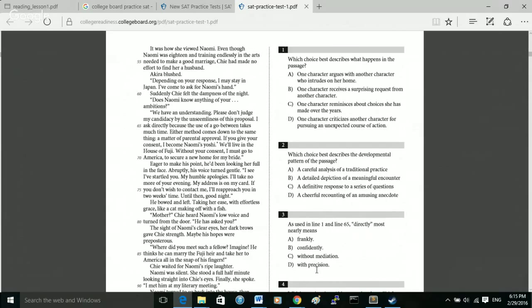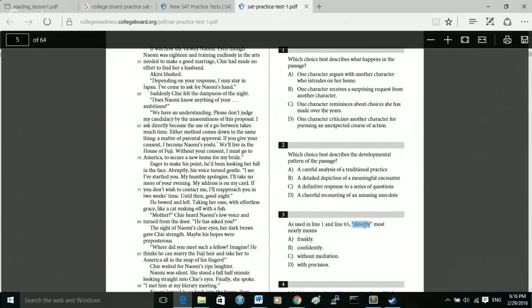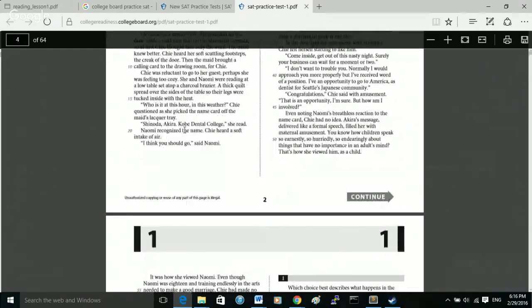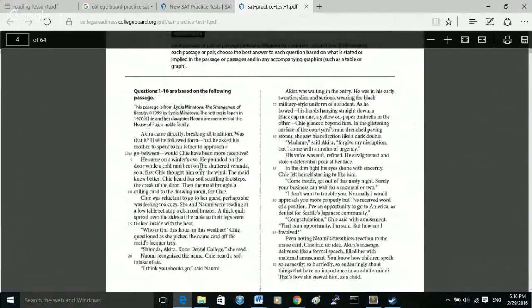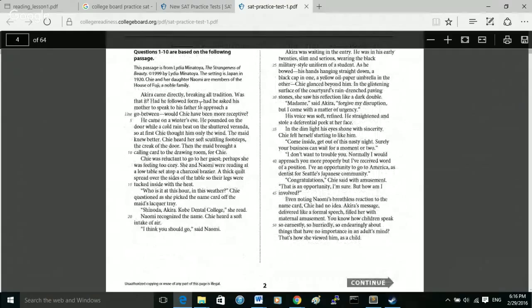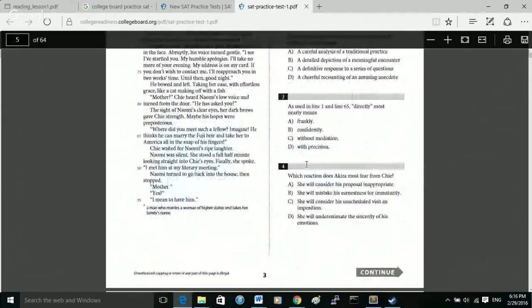The last answer choice is with precision. Does directly most nearly mean with being precise? Nowhere in this paragraph does he show evidence of being precise. He ended up breaking tradition, so that's almost the opposite of precise. So the answer choice C is correct.